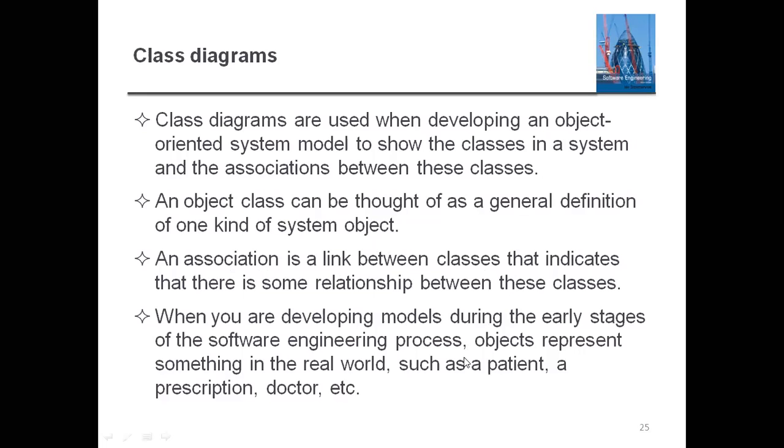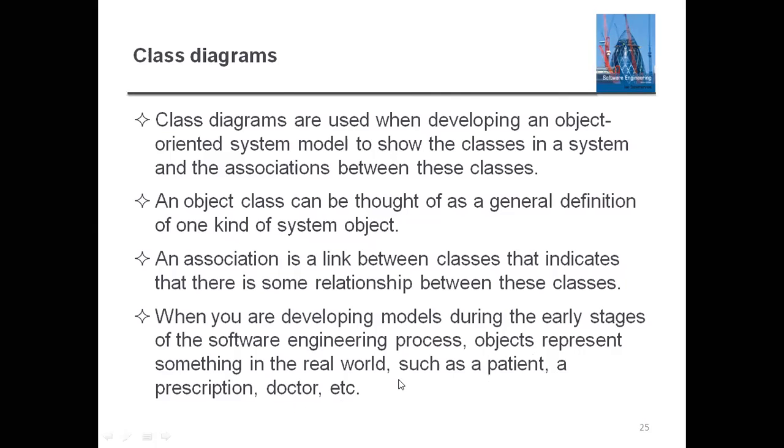Whenever you develop any of the models, the first thing is you have to show the objects. You can go for real world things also, whatever objects are available and how they are helpful, and how you can design with the objects through the class diagrams. Here one example is given: patient, prescription, and doctor. I can take two classes. The first class will be doctor, the second one will be patient.